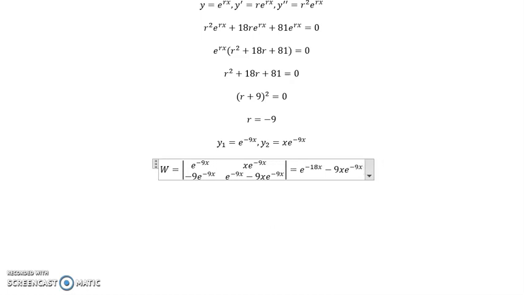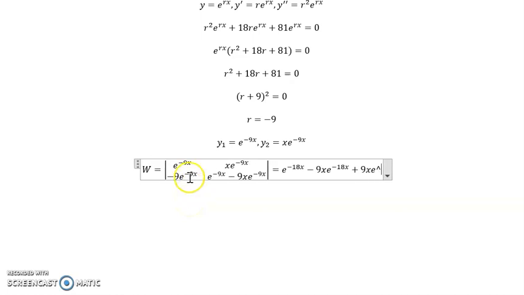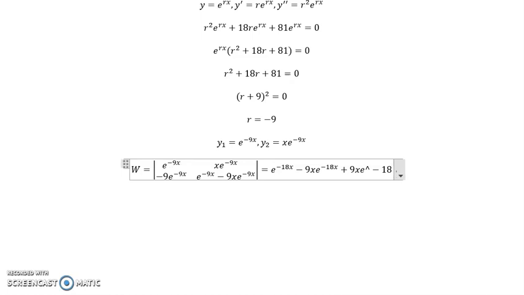And so if we then calculate the determinant, this times this, we get e to the negative 18x. That's this one times this one, minus 9x e to the negative 18x, because negative 9 and negative 9 add to negative 18. And then minus, we'll flip this sign again to a plus, e to the negative 18x.